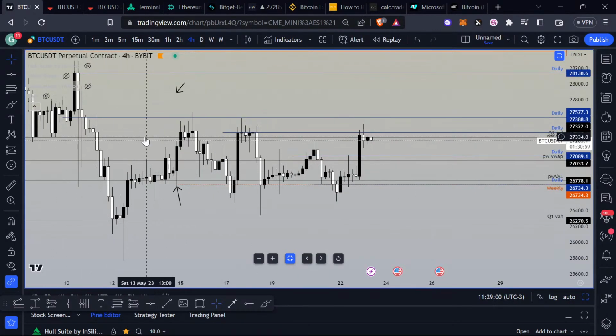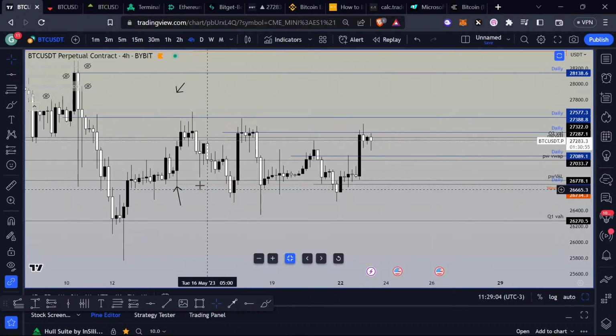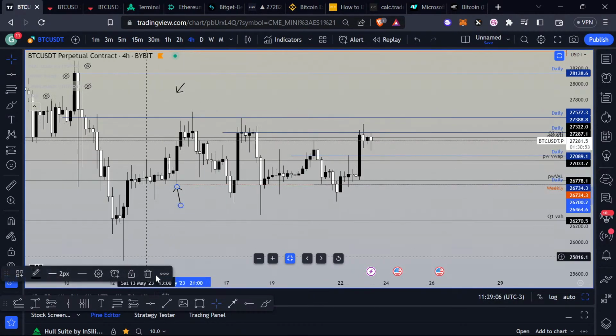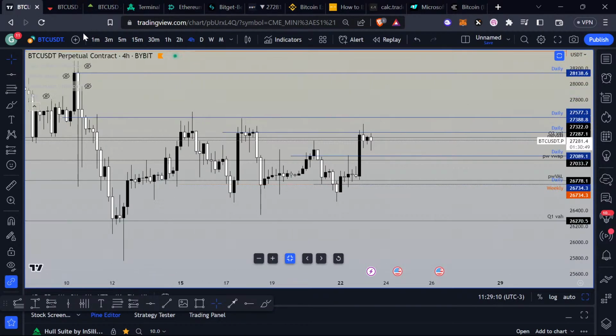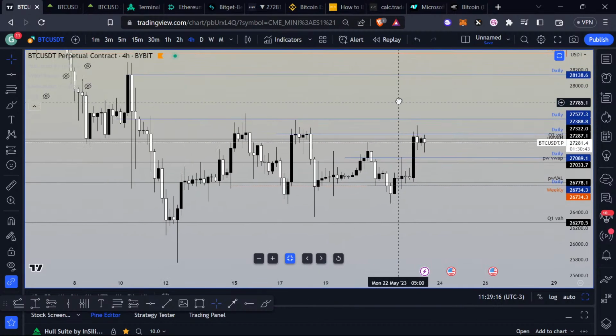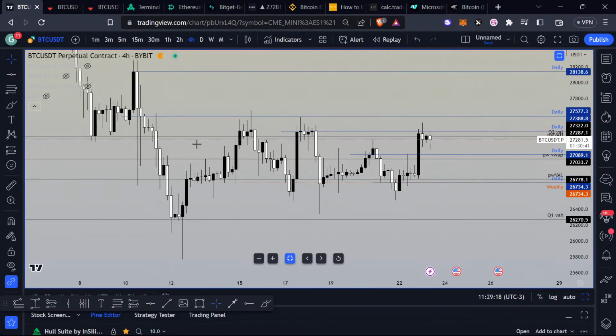I'm using these gray lines that represent the value area of certain important periods according to my system. And it's important to use them in particular lengths and in particular time frames as well.